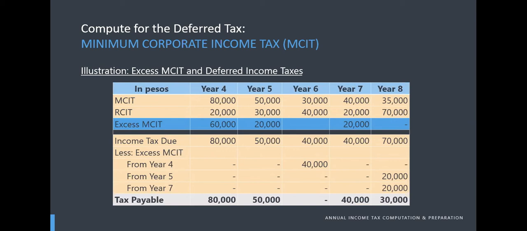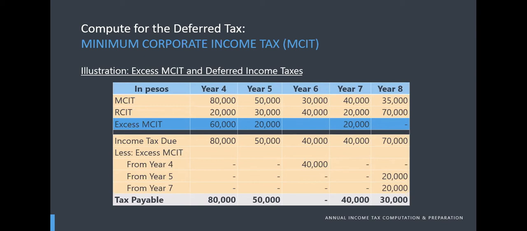So in year 4, we can note that the MCIT is greater than the RCIT. So sabi natin 'di ba, if the MCIT is greater than the RCIT, there is an excess MCIT that must be considered or recognized. So in year 4, the income tax due is equivalent to 80,000 since MCIT is higher than the regular corporate income tax.